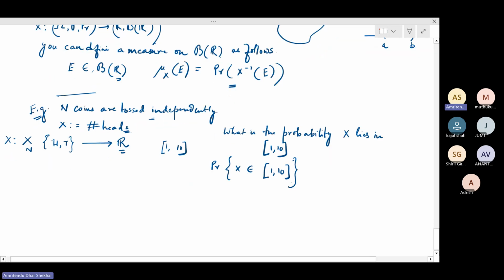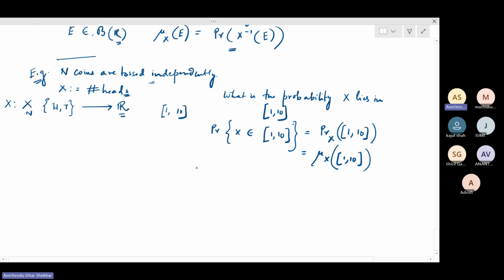Sometimes we can write it as just probability with a subscript x of 1 comma 10. Sometimes we may want to write it as mu x of 1 comma 10.